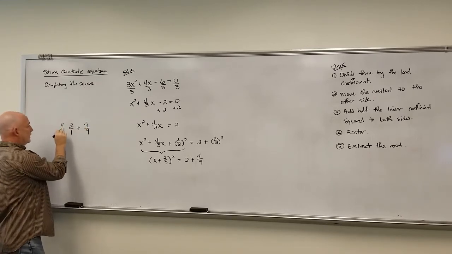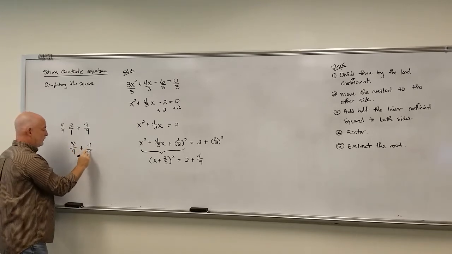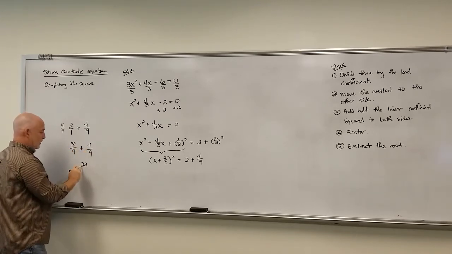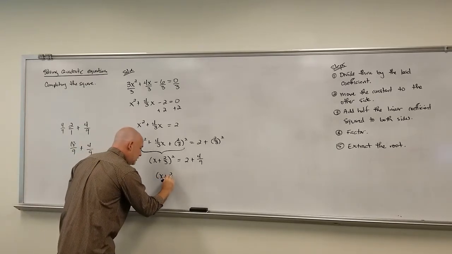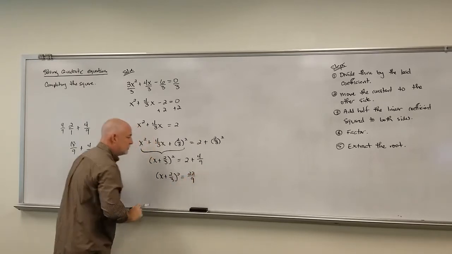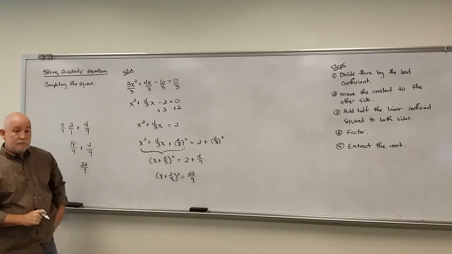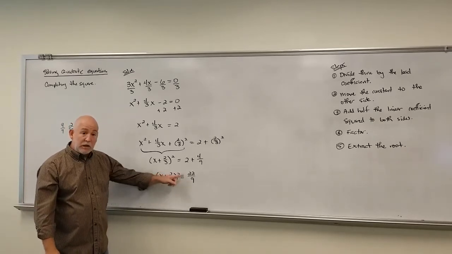Well, we need a common denominator, which is 9. So 18/9 plus 4/9 would be 22/9. So we got x plus 2/3 squared is equal to 22/9. All right, now we have something squared and everything else is numbers, so we can extract the root.